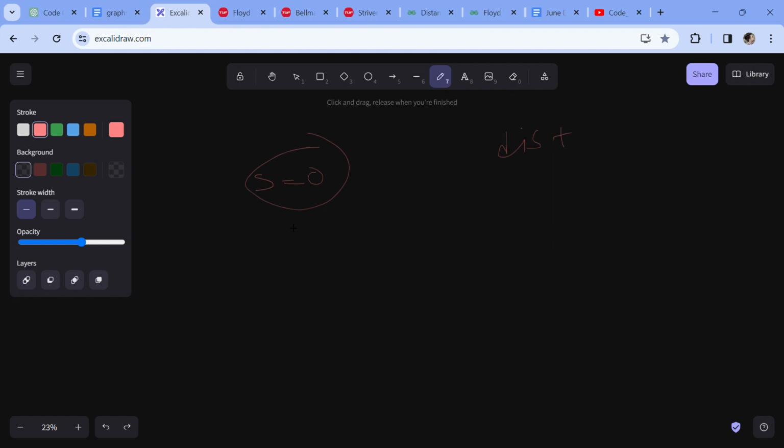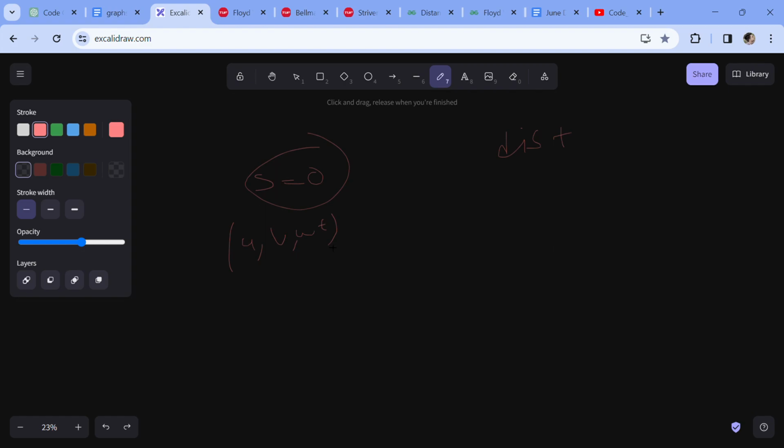And let's say this is an example of our edge, that is u, v, and the third thing denotes the weight of the edge. So this is the starting point, this is the ending point, and this is the weight between these points.